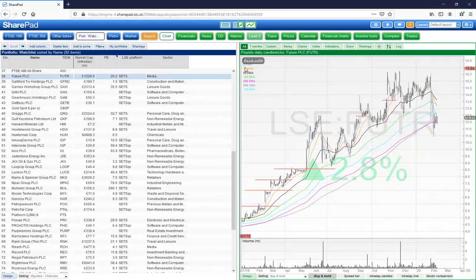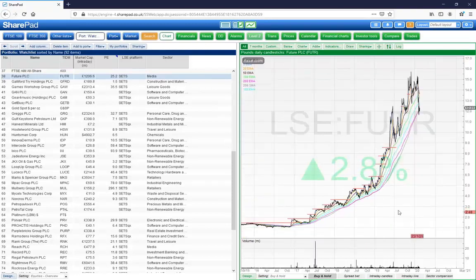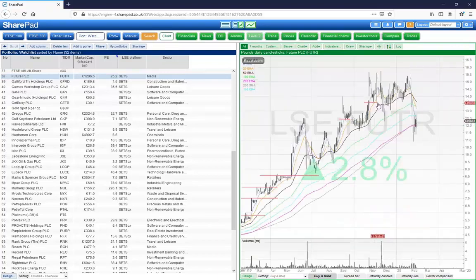So we can see the stock hasn't traded below the 200 since, is that 2016?